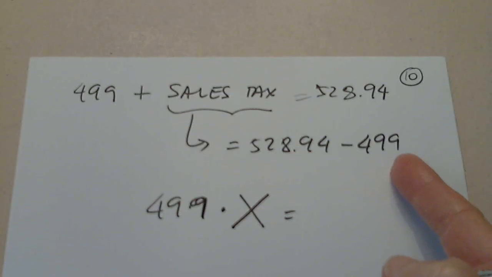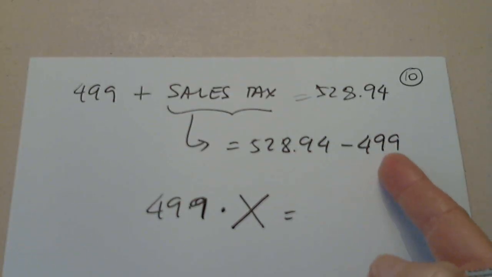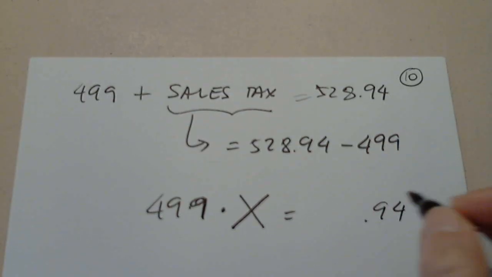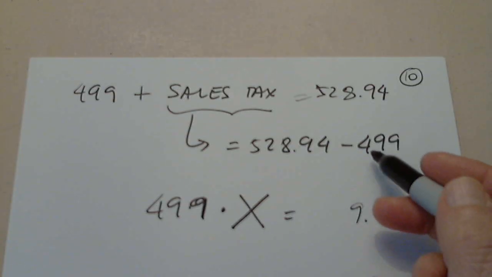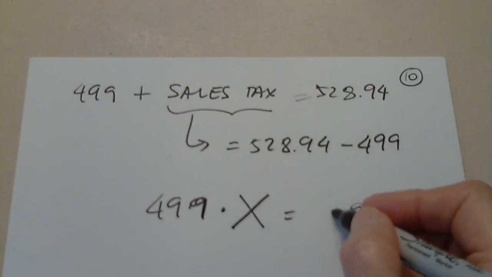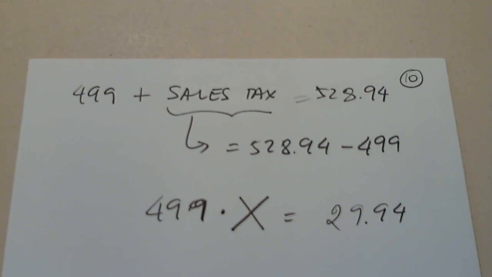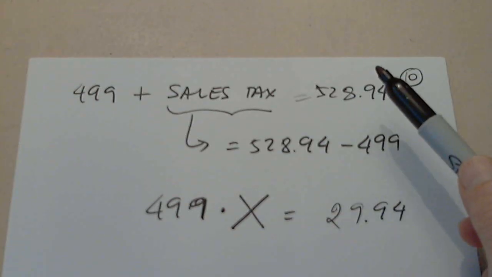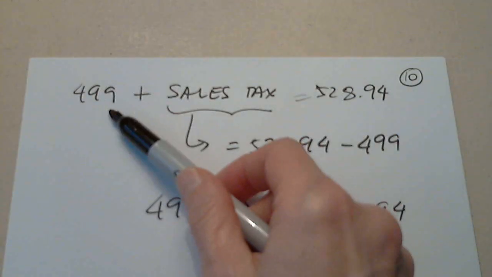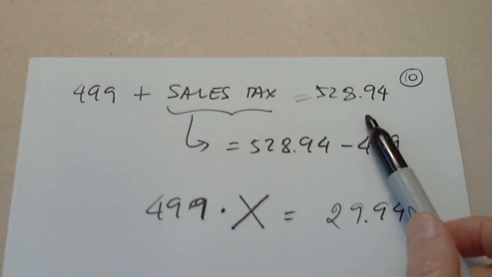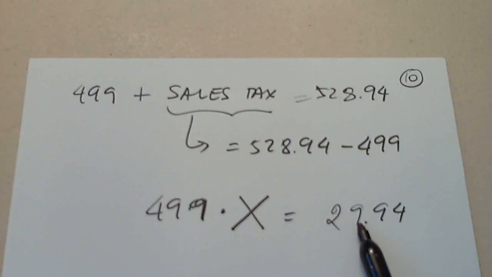And this will equal this difference. So what is this difference? I think it's 29.94. Correct me if I'm wrong. So when I subtracted 499 from 528.94, I got this.